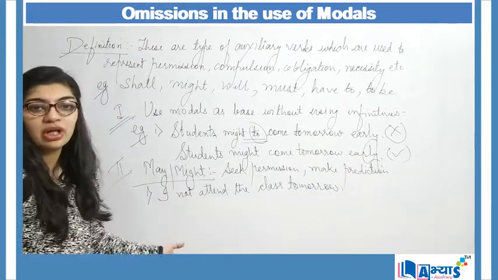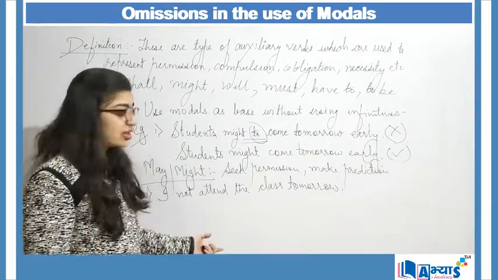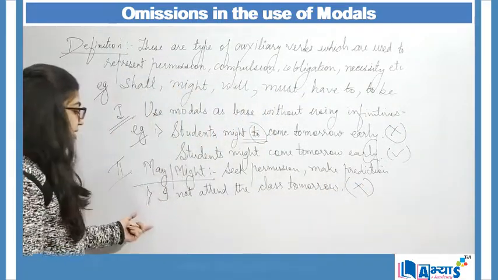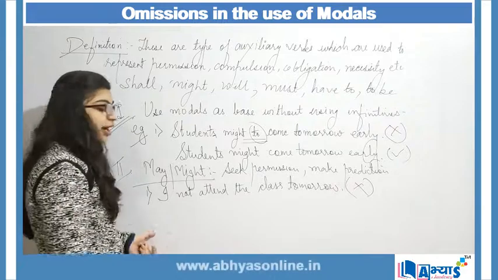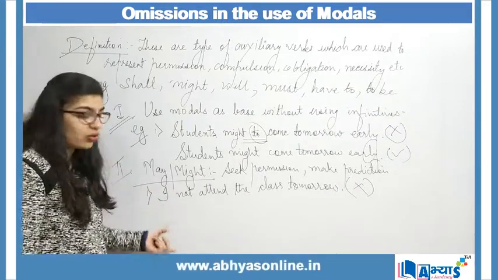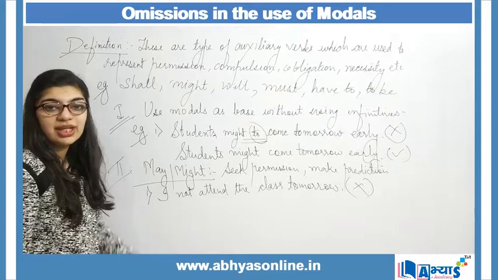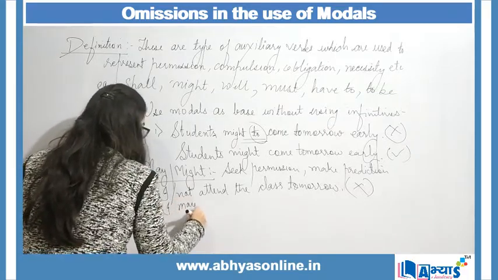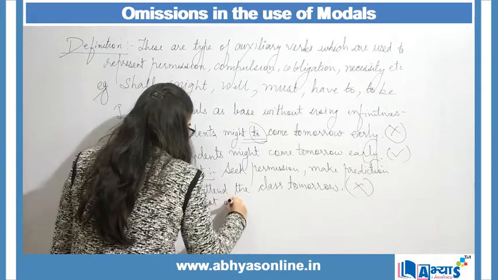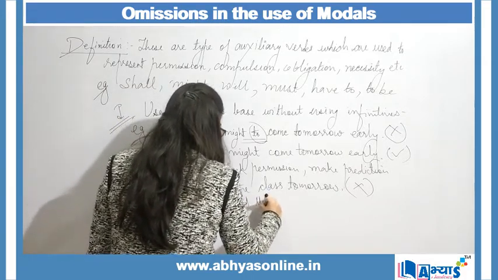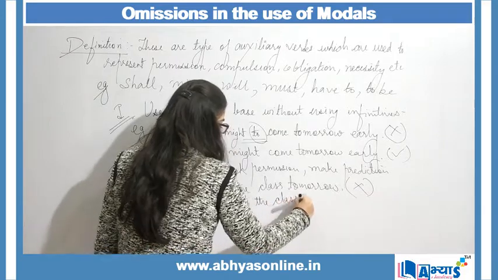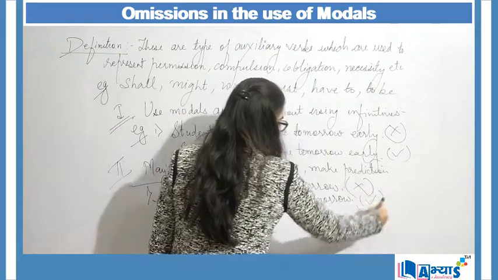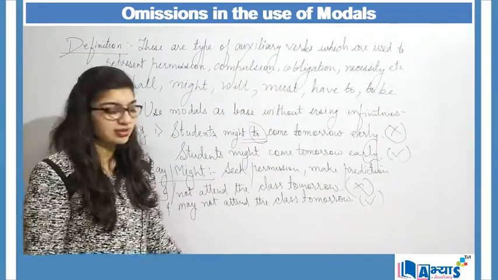But when we are talking about grammatical errors, my sentence is wrong because there is an omission which I have to make. I have to add a modal over here, and that modal will be may. I will say I may not attend the class tomorrow. And this makes my sentence correct.